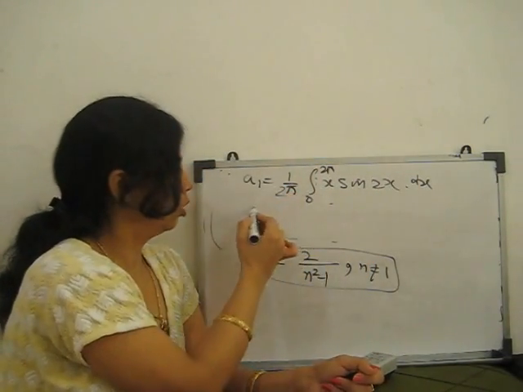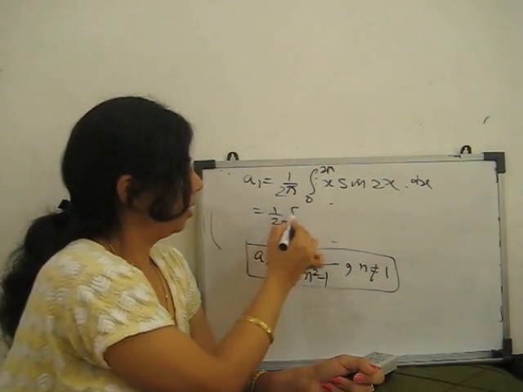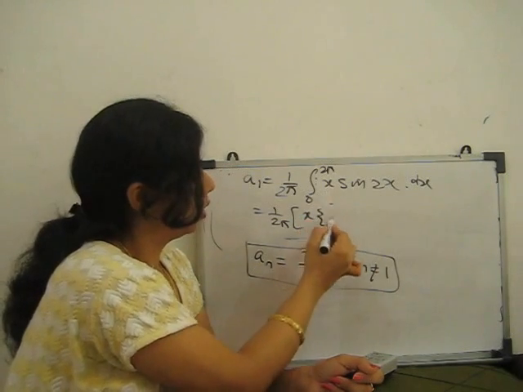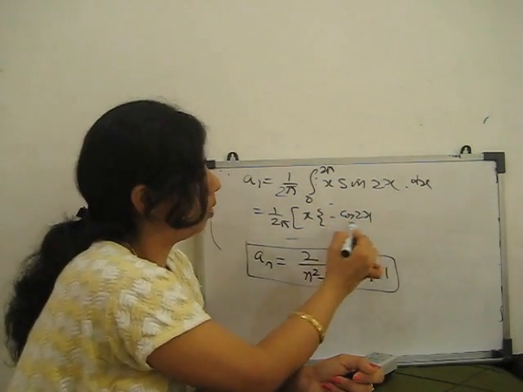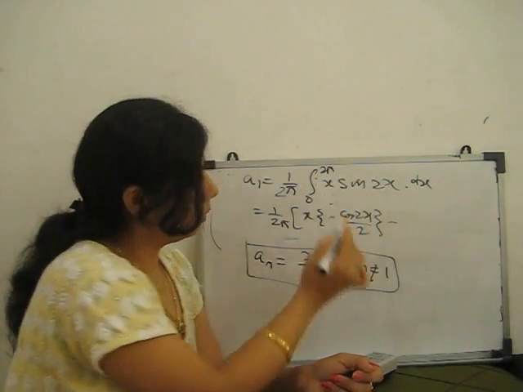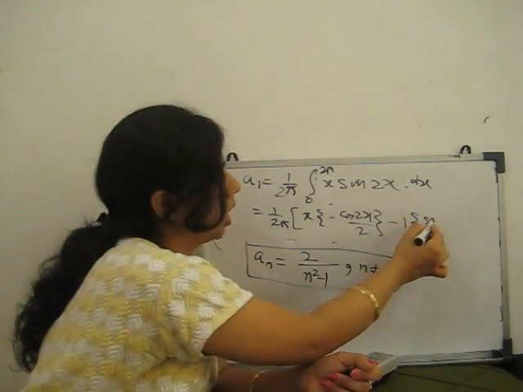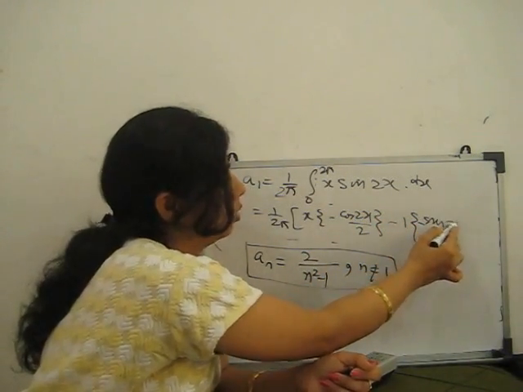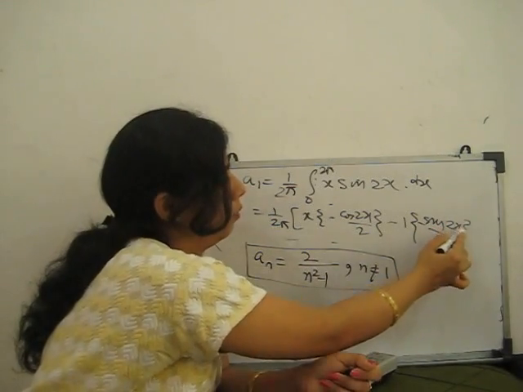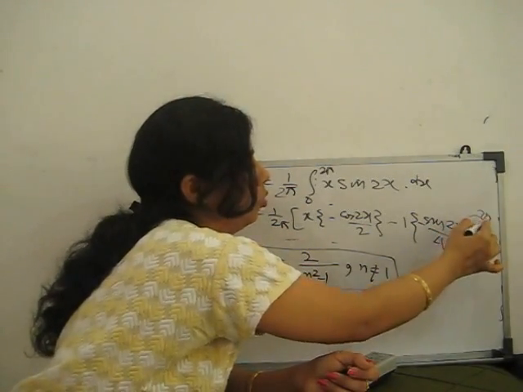Same, integrate u into v. 1 upon 2 pi, x times the integral of sin 2x gives minus cos 2x by 2, minus, derivative of x is 1, the integral of cos 2x gives minus sin 2x by 4, limit 0 to 2 pi.